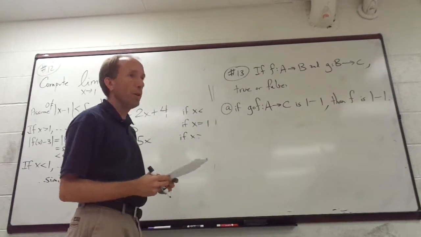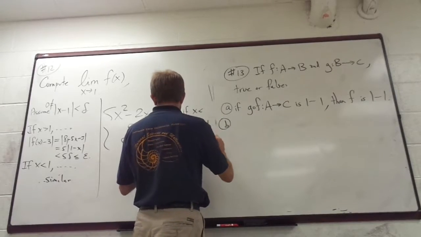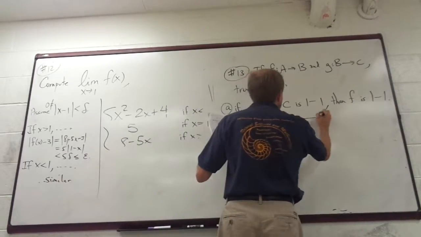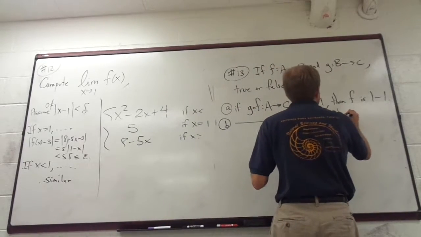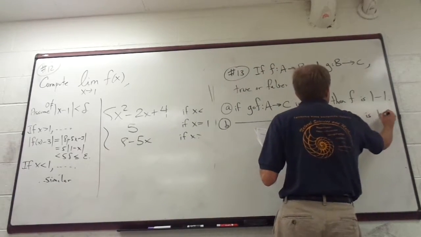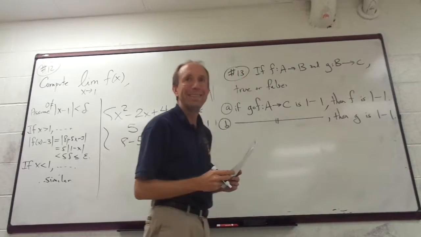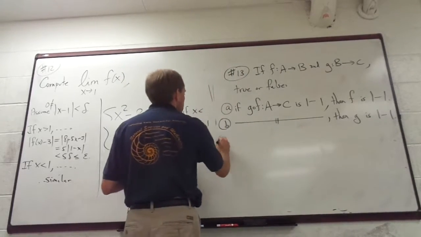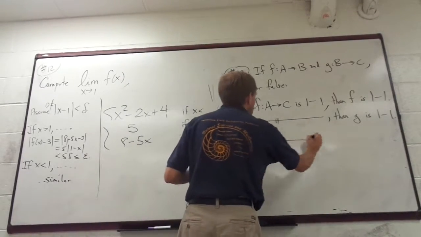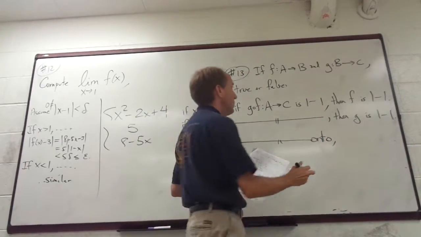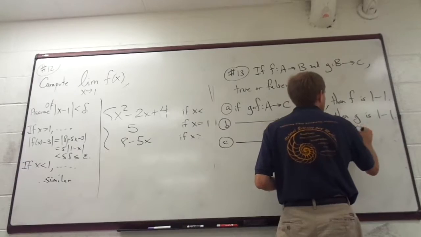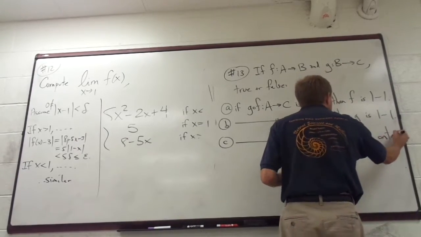True or false? B, same assumption about g composed with f. Is it true that g is 1 to 1? For C, we change it to onto, and then we say f is onto. Is that true or false?